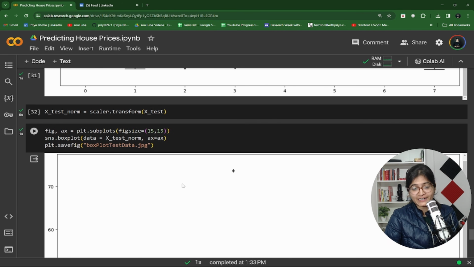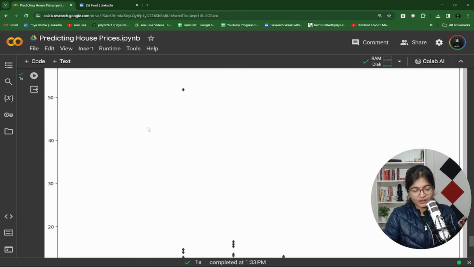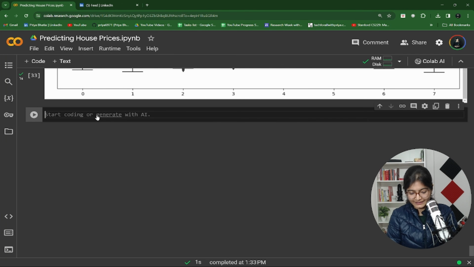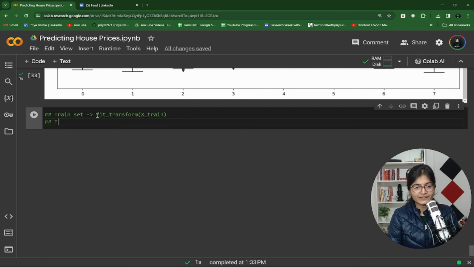Perfectly fine. One thing you can now observe is that in the train set, when we were doing the normalization, I was using the function fit_transform on the training set that we have. Whereas in the test set, when I was doing the normalization, I have only used the transform function on the test data.